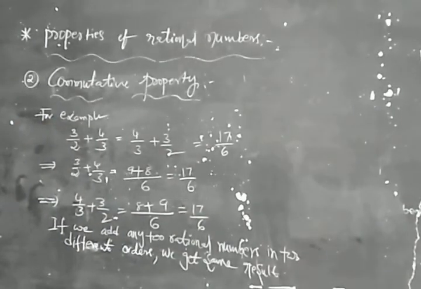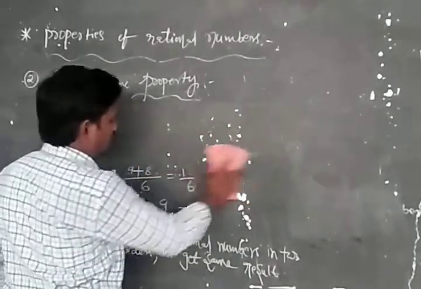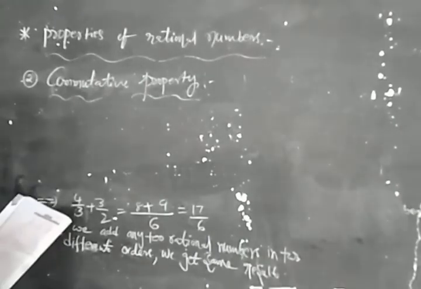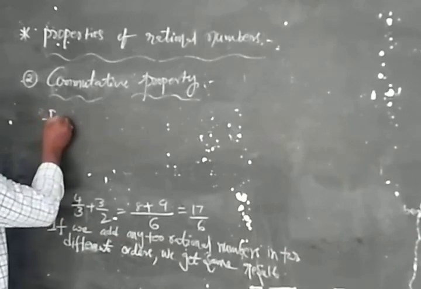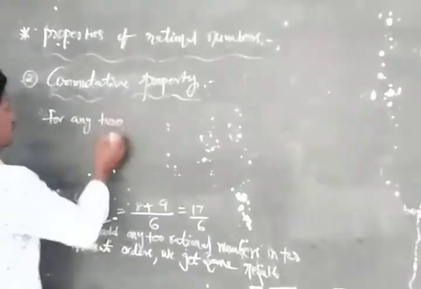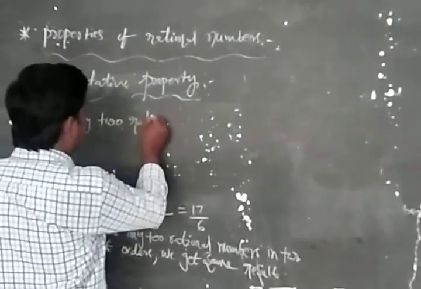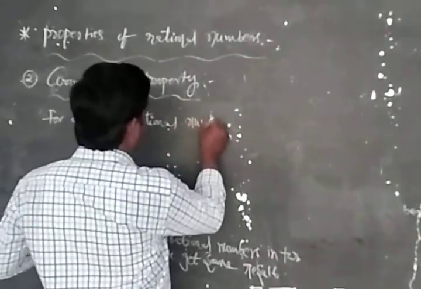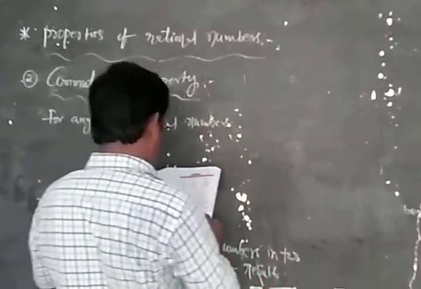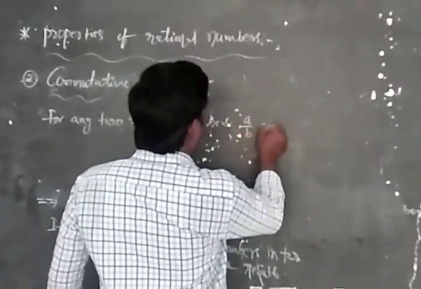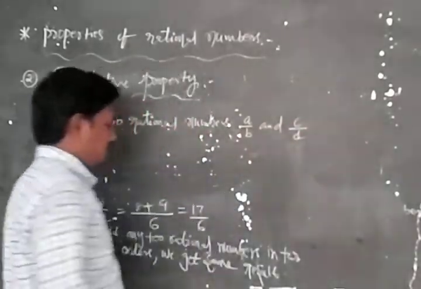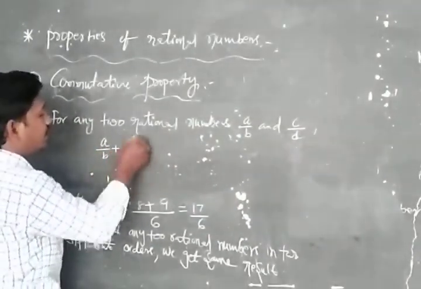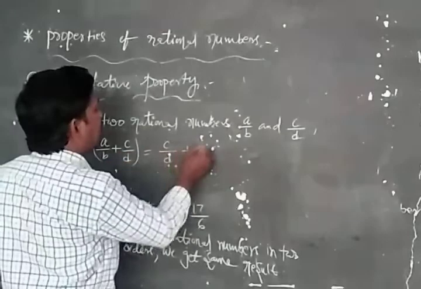Right, up to here. The next: for any two rational numbers a/b and c/d, we can write a/b plus c/d equals c/d plus a/b.